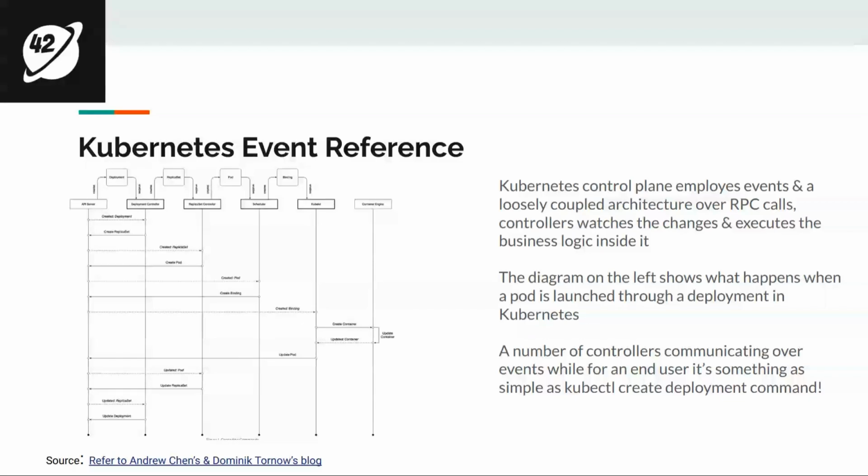Then there's a replica set controller, which is watching over the creation of new replica sets. It observes that, hey, there's a new replica set that has just been created, and it says it needs 3 replicas, 3 identical replicas of a certain type of container. The container here being your Nginx web server. But how many do I have right now?